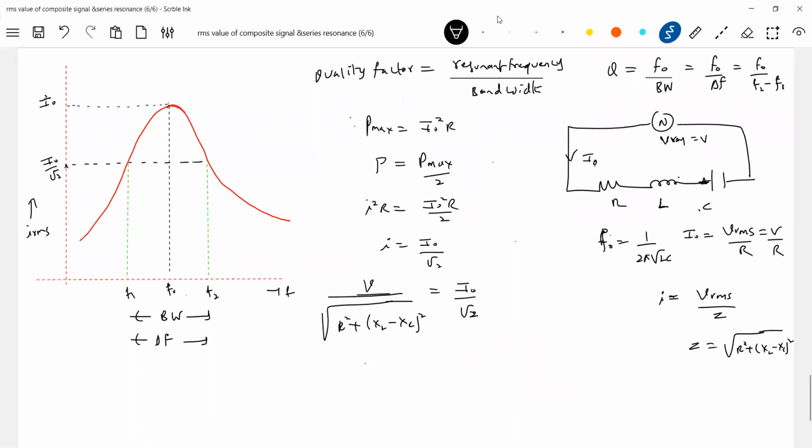So I'll do one thing. This will be 1 by root 2, or V by I naught.